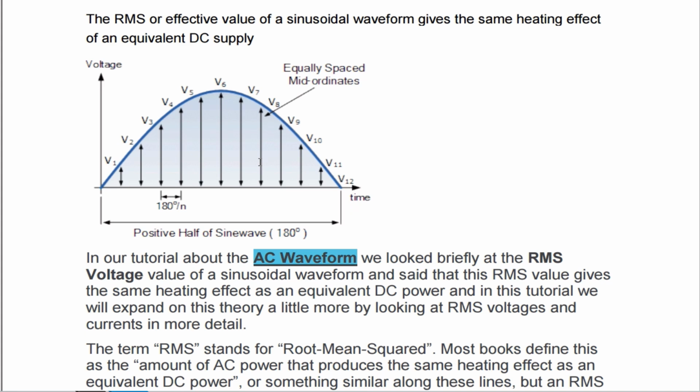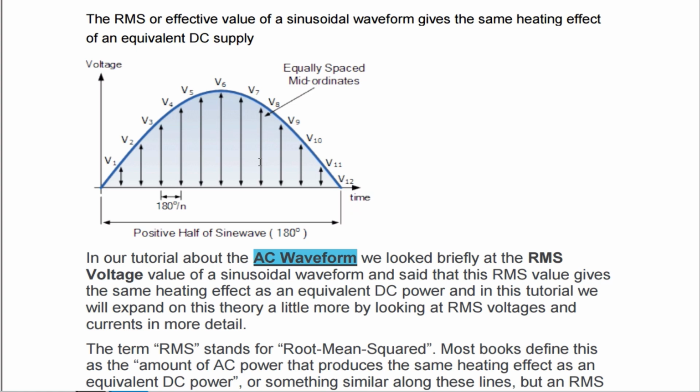On the sine wave, you can see you have V1, V2, V3, V4, V5, V6, V7, and up to V12. These are voltages at different time intervals, and the values of amplitude have been taken.